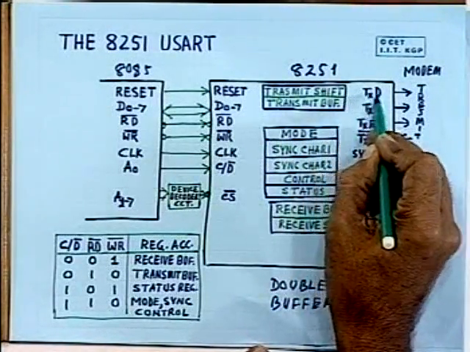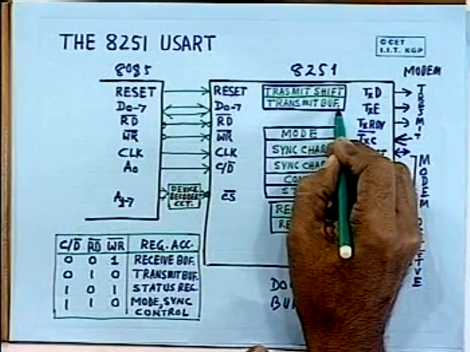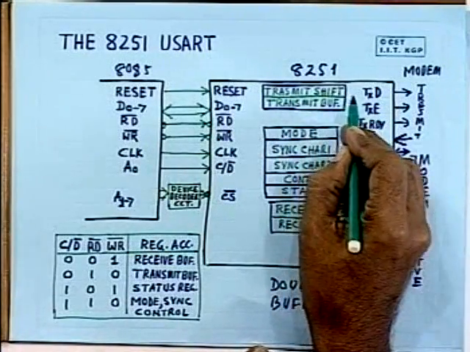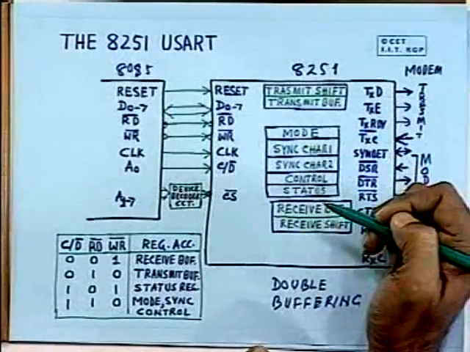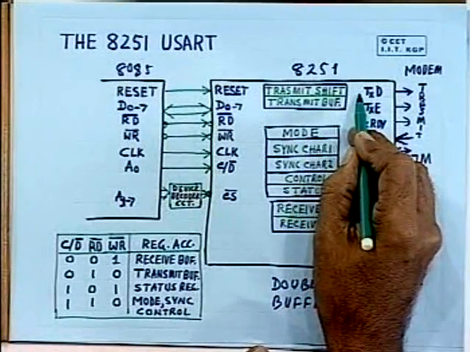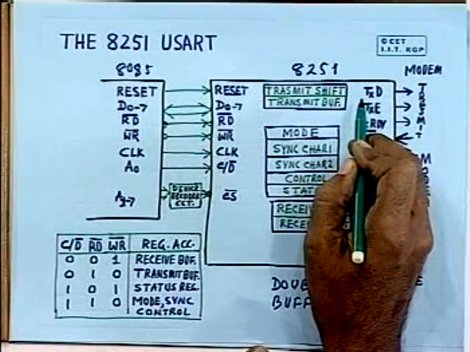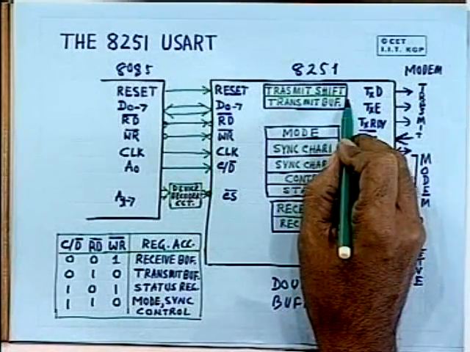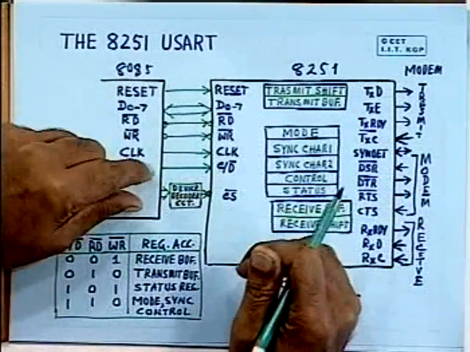It will automatically generate the start bit, then it will shift out the data bits, then it will generate the parity bit as it is programmed with the help of the mode register, then it will generate the stop bit, without the intervention of the microprocessor, and the microprocessor is free.